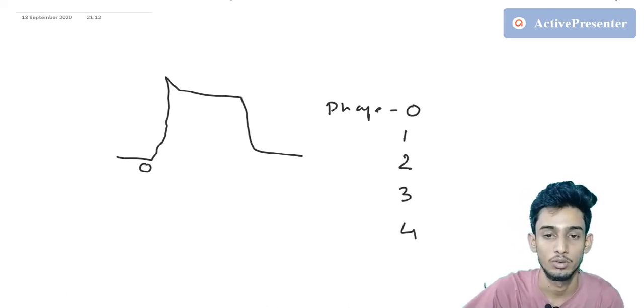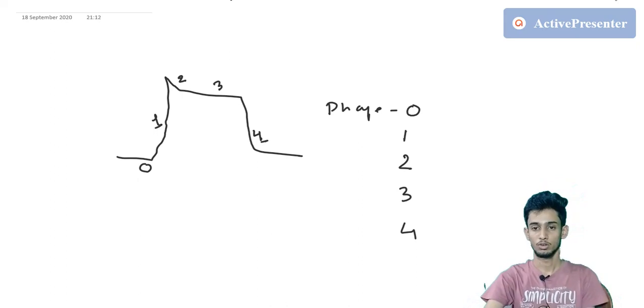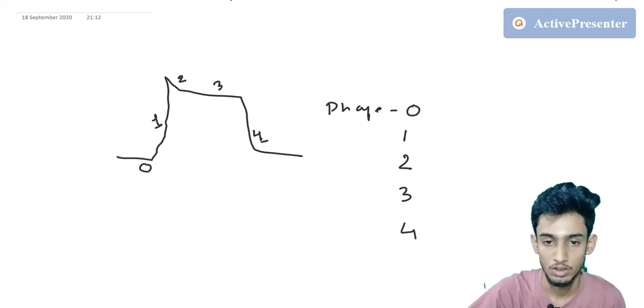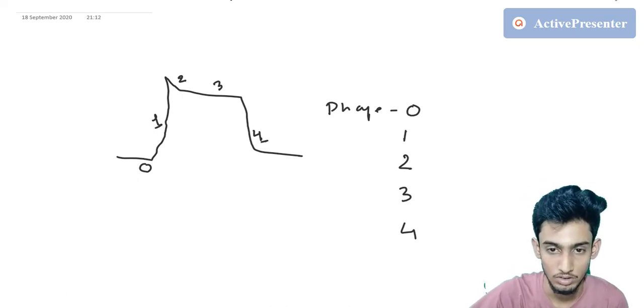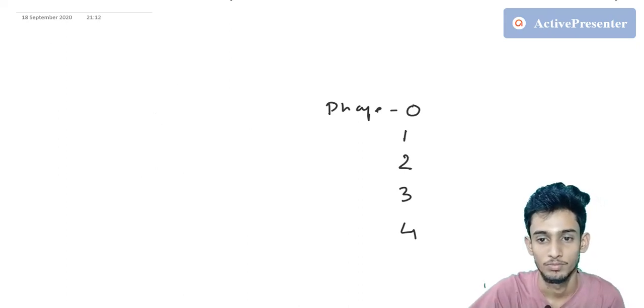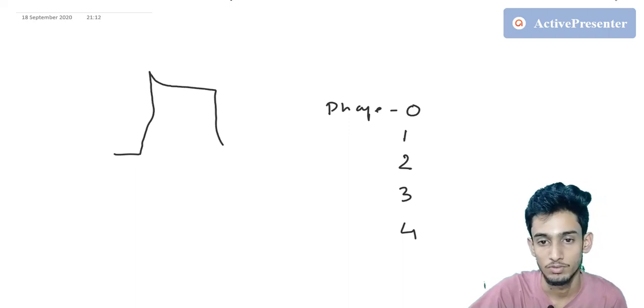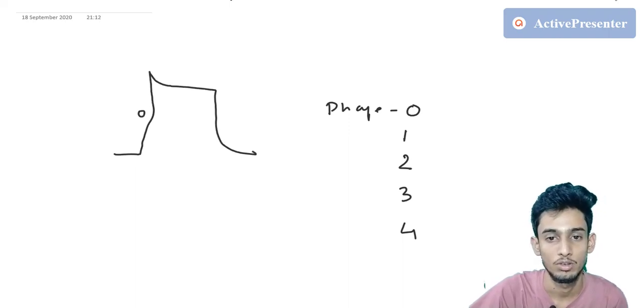This is phase 0, this is phase 1, this is phase 2, 3 and the 4. Now let's start. There is a little mistake there. Let's start from a new curve. This is phase 0, this is phase 1, 2, 3 and 4.